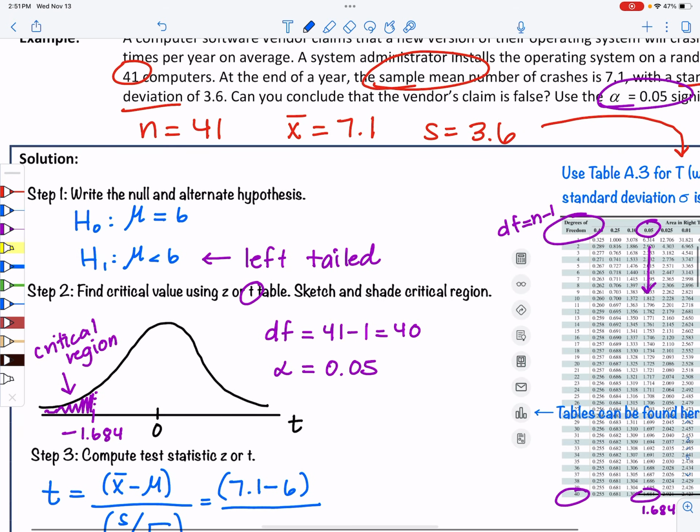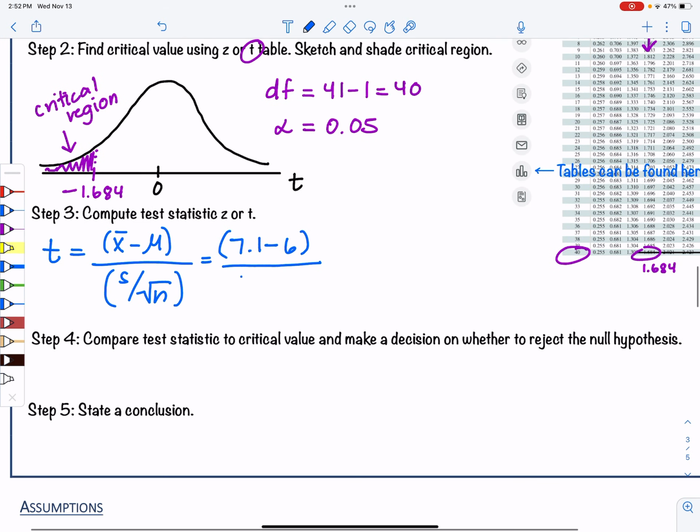Standard deviation S is 3.6. And I'm going to divide that by the square root of my sample size. Notice this is n, not n minus 1. Okay, you only do n minus 1 for degrees of freedom. All right, now t-values, like they are in the table, are usually rounded to 3 decimal places. And so I would state my test statistic here at 1.957.